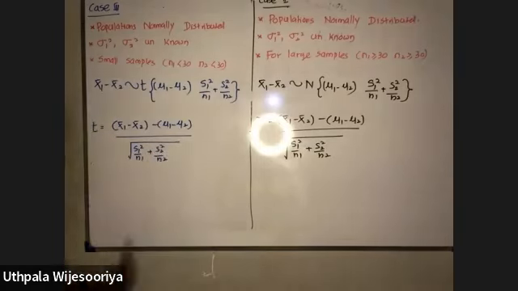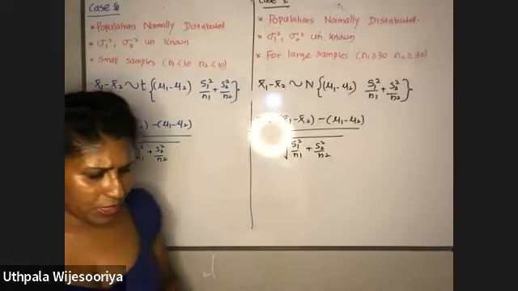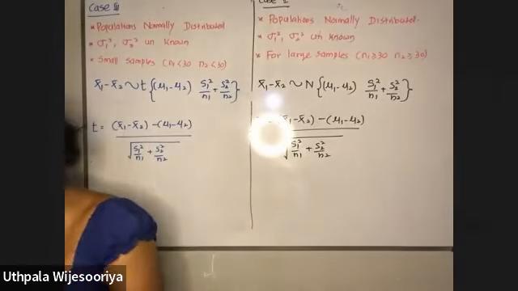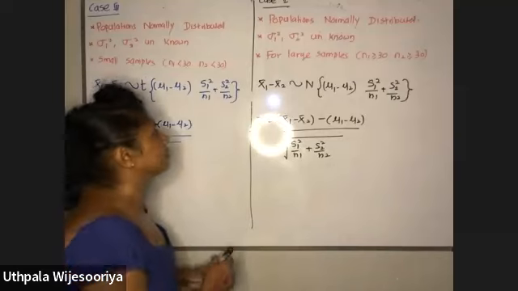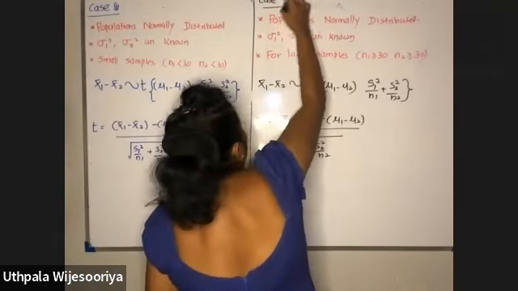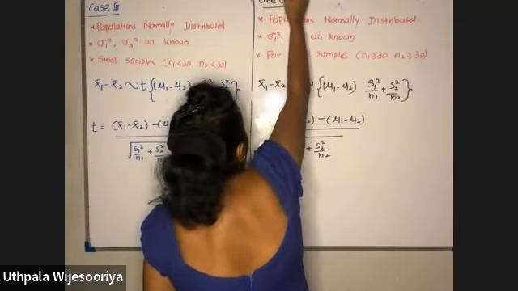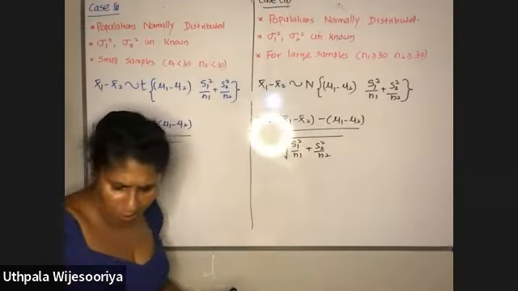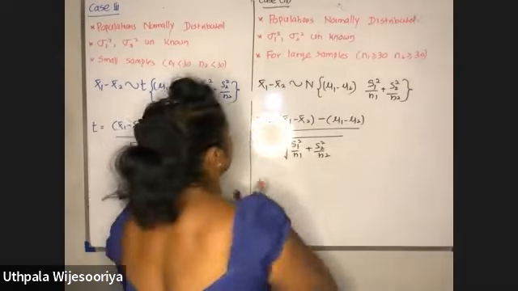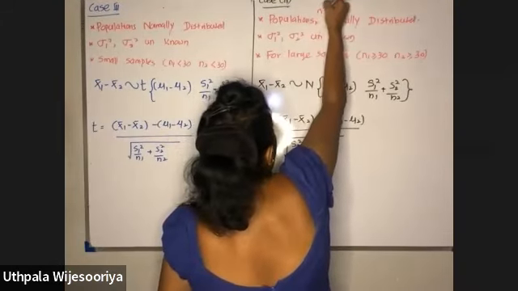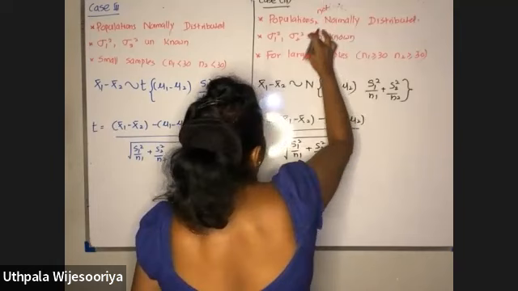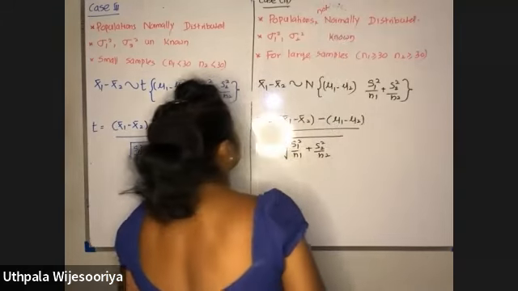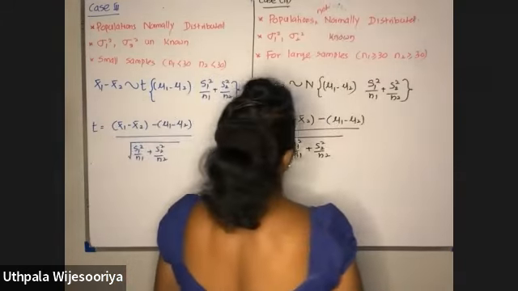Case number 4: non-normal populations, central limit theorem. You are sampling from non-normal populations, populations not normally distributed, with known variances sigma 1 square and sigma 2 square.